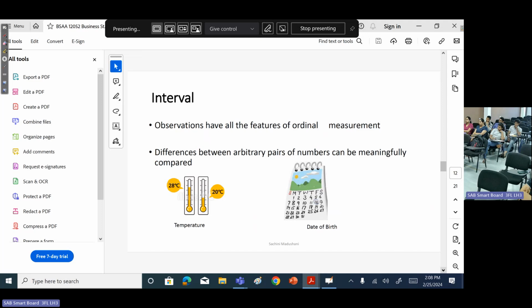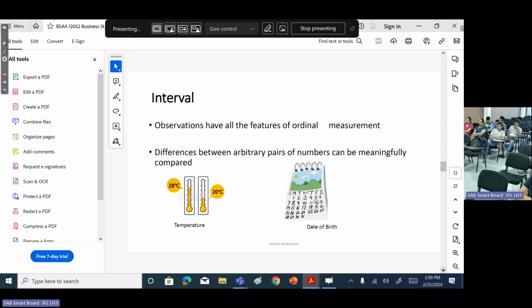Today's date minus your birthday. Which mathematical operation is that? Subtraction. We apply subtraction and the answer is meaningful. This represents that the difference between arbitrary pairs of numbers can be meaningfully compared. So interval scale variables can have addition or subtraction applied.